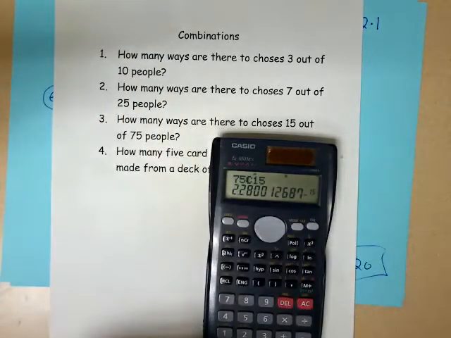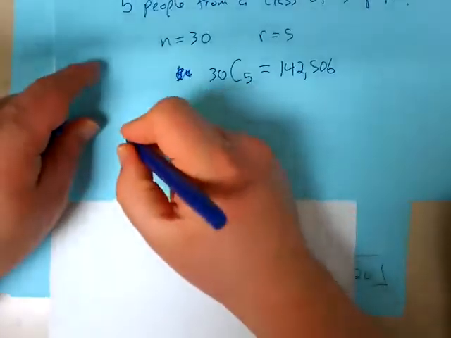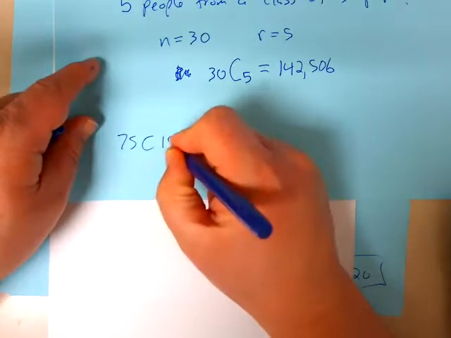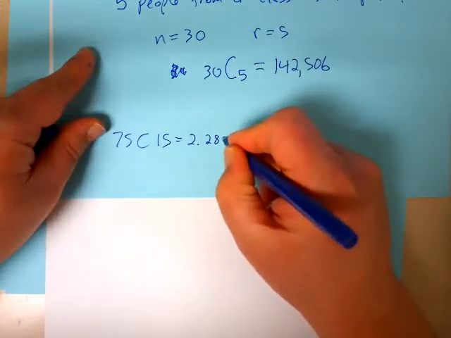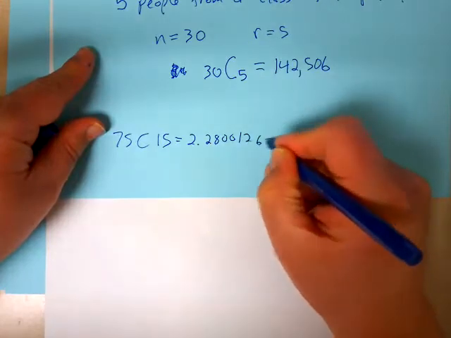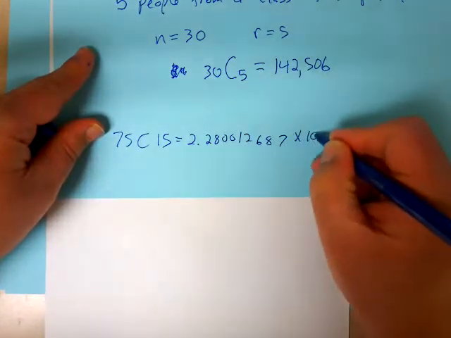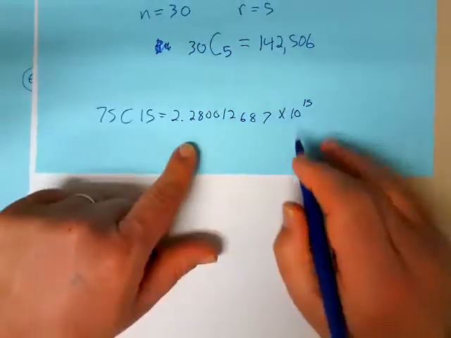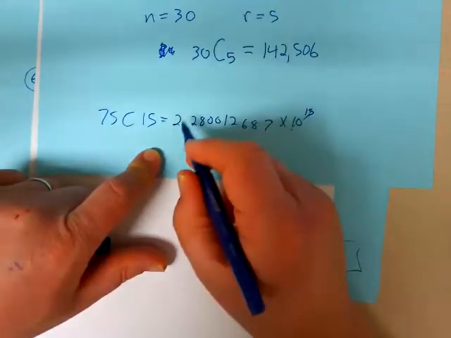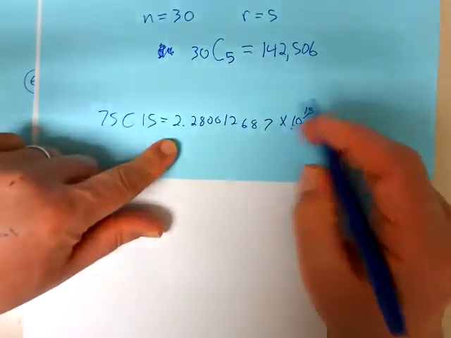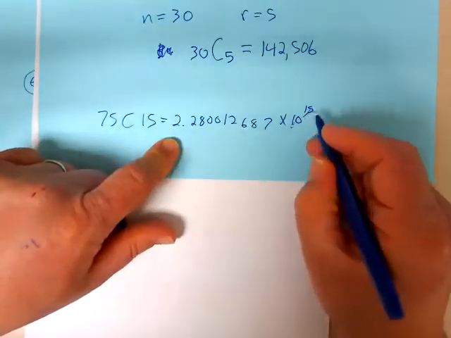So let me actually show you what this means. I'll grab this sheet. So the answer that I got here, 75 choose 15, was like 2.28001268 times 10 to the 15th. So this is scientific notation. So what this means, 10 to the 15th, it means move the decimal point over 15 places.